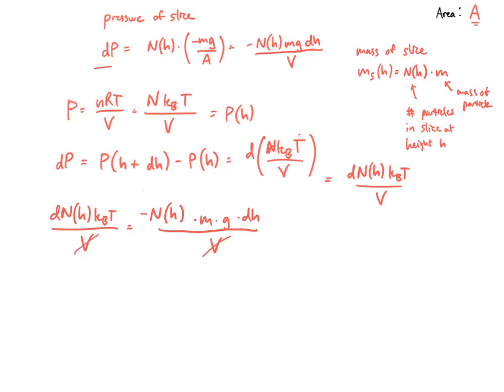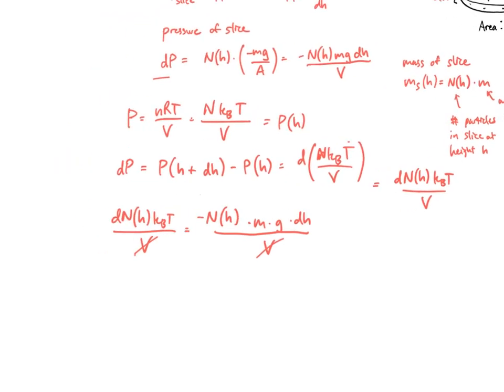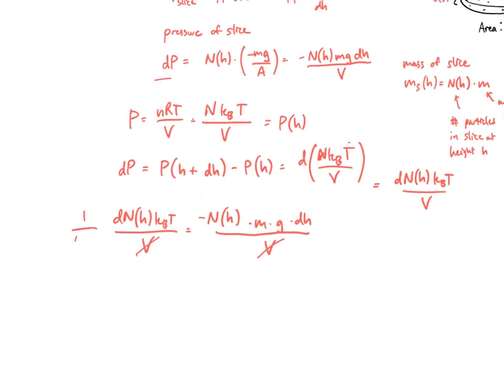We can cancel out the V's. And then what we want to do next is divide both sides by N(h), or I guess multiply both sides times 1 over N(h).